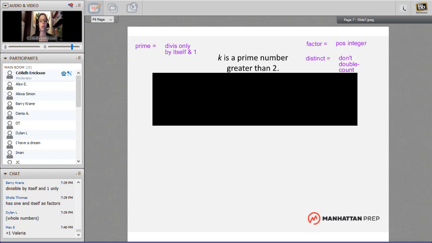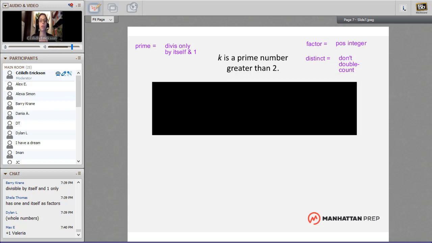This could be its own flashcard here. Prime number greater than 2 is something distinctive. Why specify greater than 2? What's that code for? Not 1, but remember 1 is not prime because 1 wouldn't have factors of itself and 1. So this is actually important.